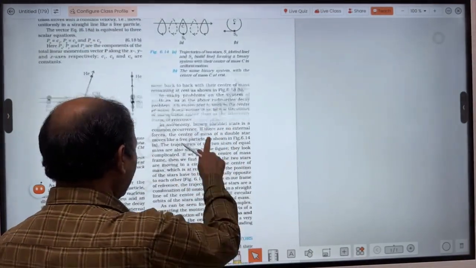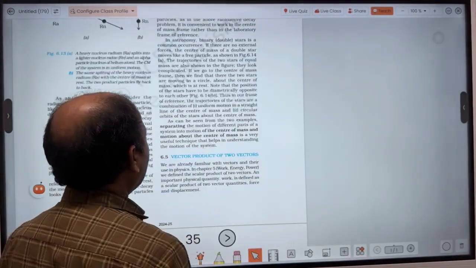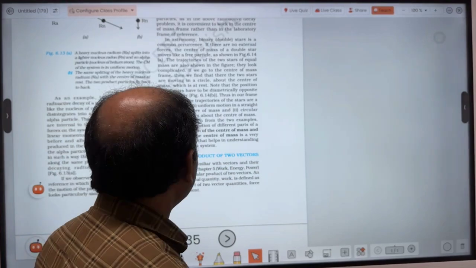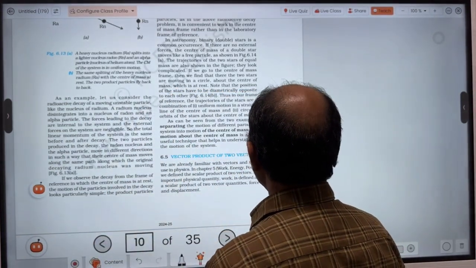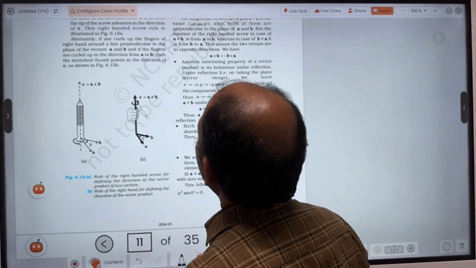Now we are going to see some other interesting facts, like vector products of two vectors.